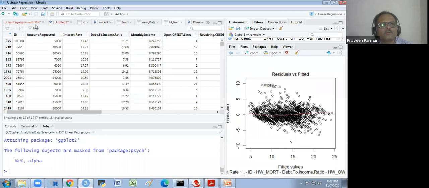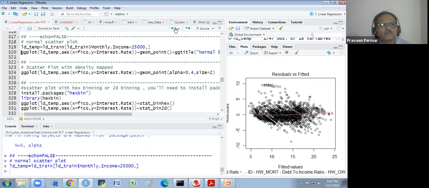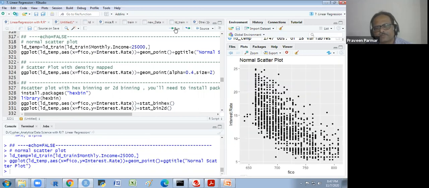I just want to run this now. FICO. So a normal scatter plot I am taking for the trend, with monthly income less than 5,000.